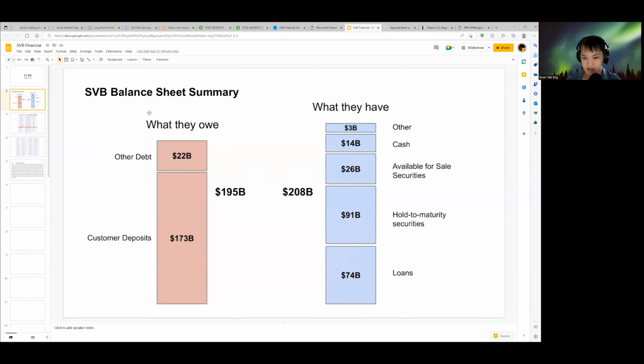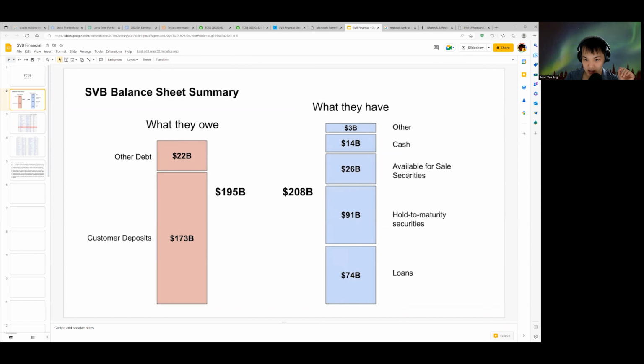So to understand the balance sheet structure of a bank, you just have to look at the balance sheet and understand what assets they own and what they have on their liabilities, which is what they owe. On the Silicon Valley Bank balance sheet, you need to understand how much asset they own and how much liabilities they owe. So what they own is all these assets.